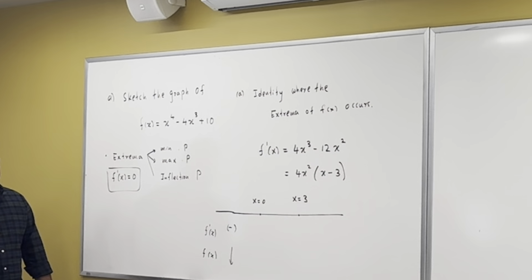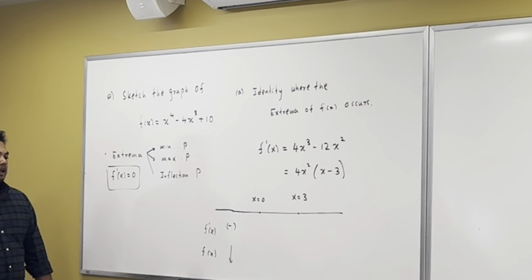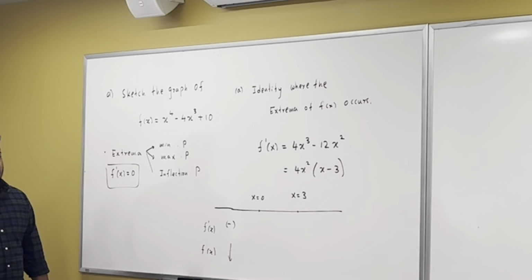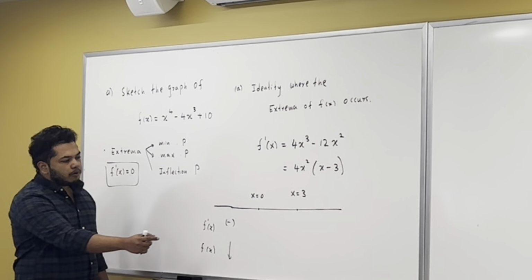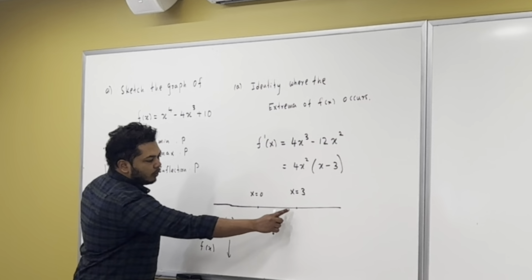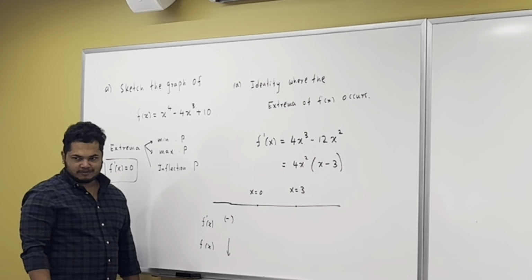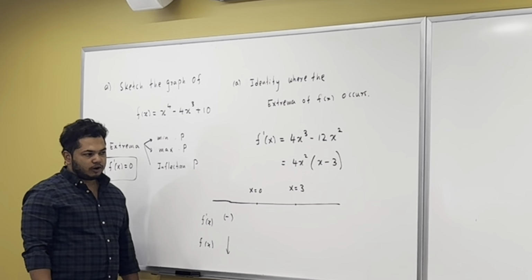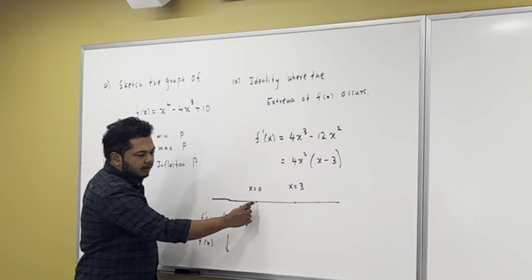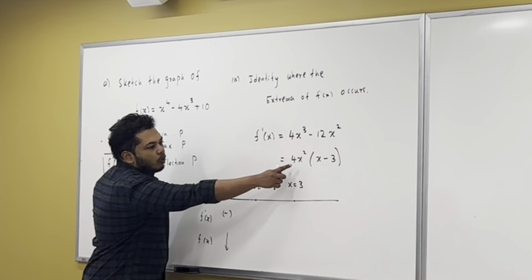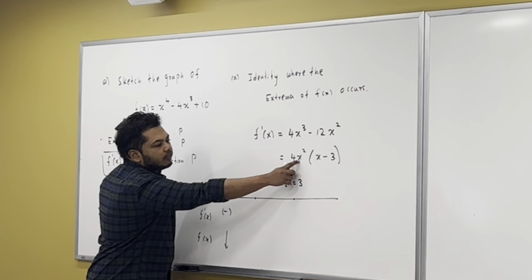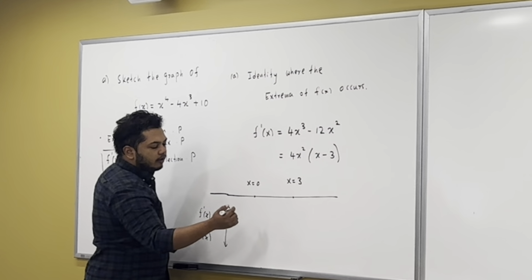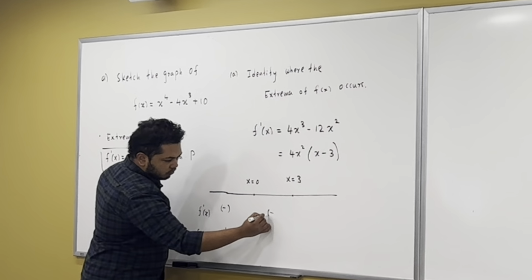We did it like a table; you can do that as a table if you want. And how about if you pick any point between 0 and 3? What do you think, is it positive or negative? If you plug in any number, like 1, it'll be negative. It's again negative.